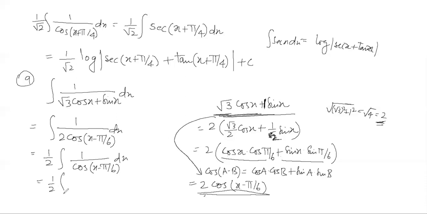What is the reciprocal of cos? It is sec. I can write sec of x minus pi by 6. Now this one is what? A VIP integration, right? Very good.